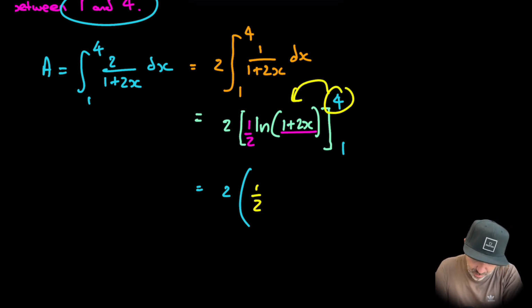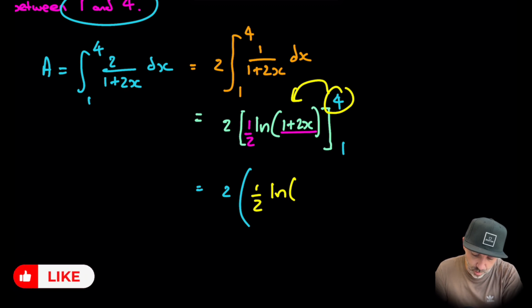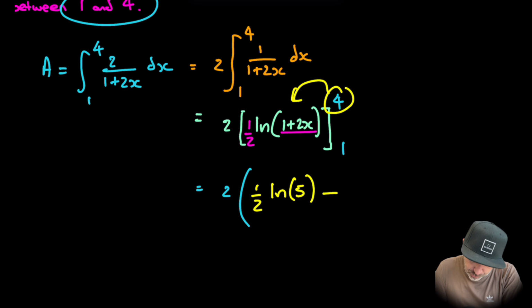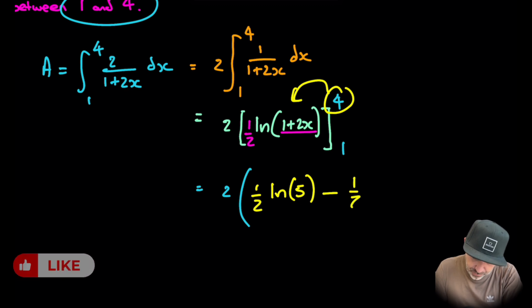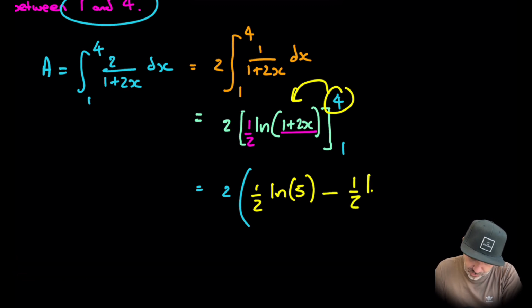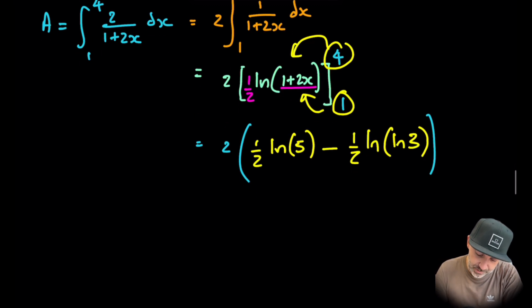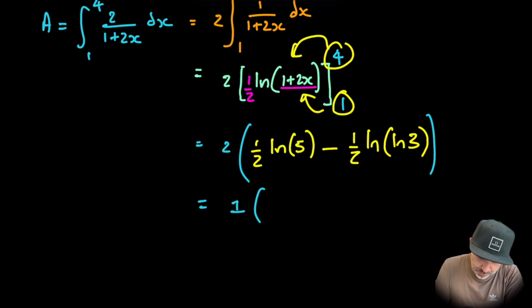So we're going to have half natural log, and then 1, so that'll be natural log 5 because we plug 4 in. Subtract a half, and then we'll have natural log, and we plug 1 into this now, we'll get natural log 3. And you can see, obviously, a factor of half could come out of this, resulting in 1, open brackets, natural log 5 minus natural log 3.